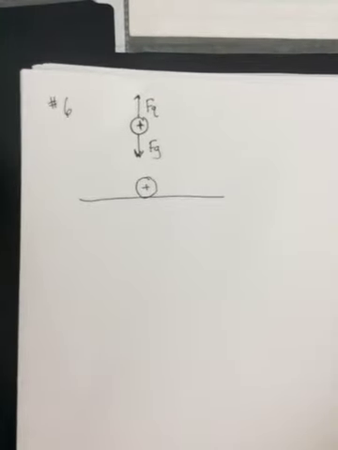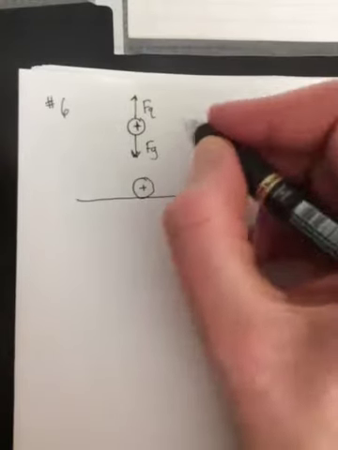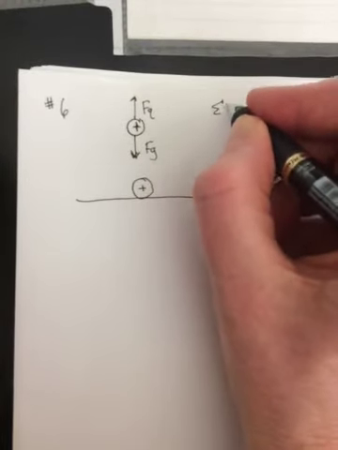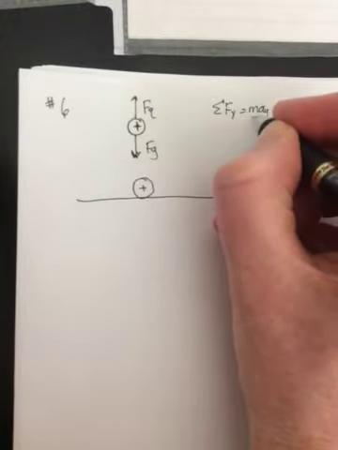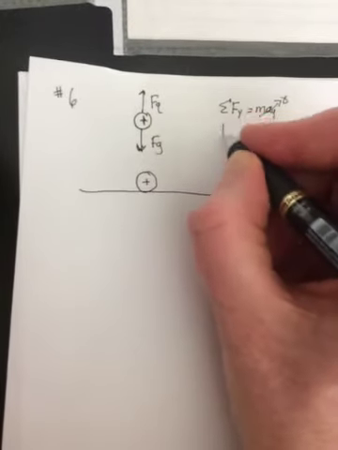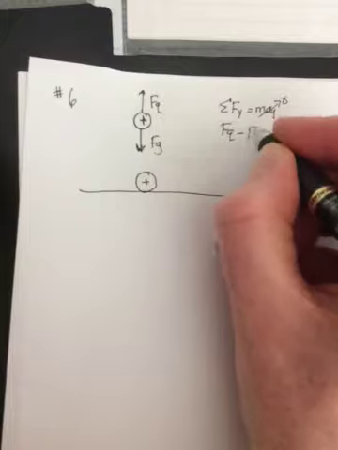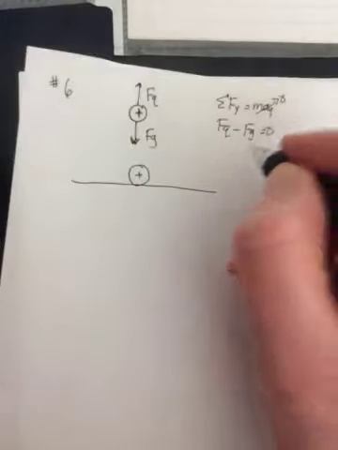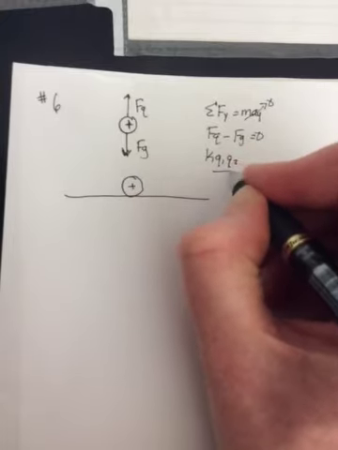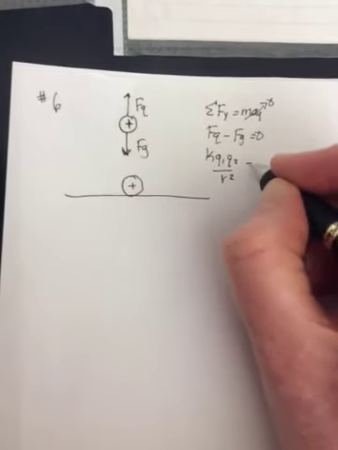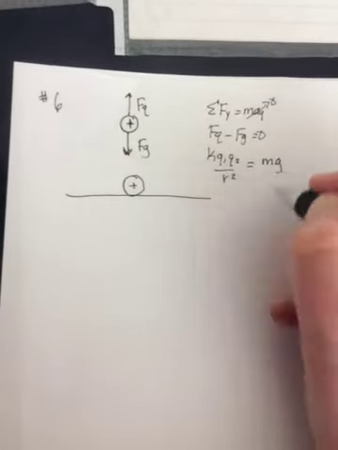If the force of repulsion is supporting the weight, it means that when you do the sum of the forces in the y direction, it should be 0. So FQ minus Fg will equal 0, or kQ1Q2 over r squared should be equal to mg.